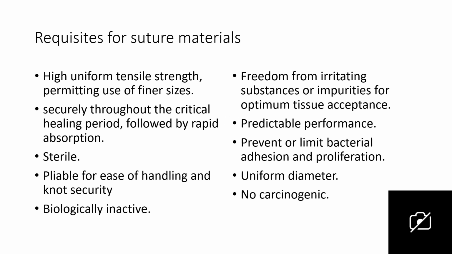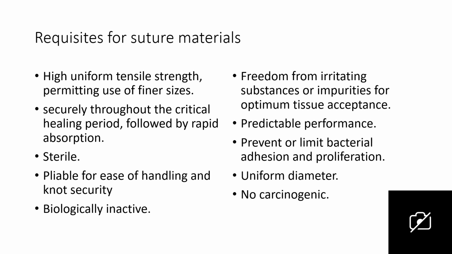Suture material. The requisites for suture material: it should have high uniform tensile strength, permitting use of finer sizes. It should hold securely throughout the critical healing period, followed by rapid absorption. Sterile, pliable for ease of handling and tying of the knot.